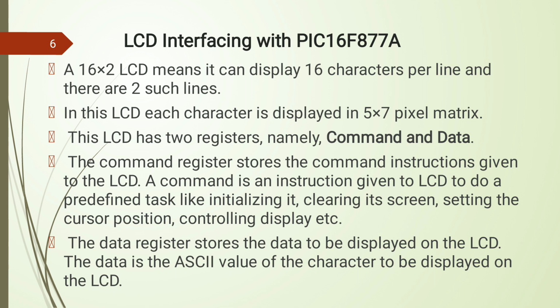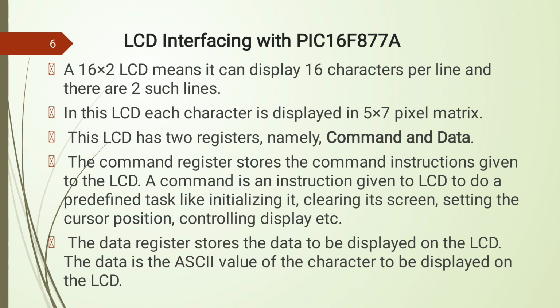So the first row includes 16 characters and the second row again includes 16 characters, in the sense that it will indicate numbers and characters, uppercase, lowercase, and space is also considered a character between two words or two values. So a total of 16 characters are available per line, and two lines are there.